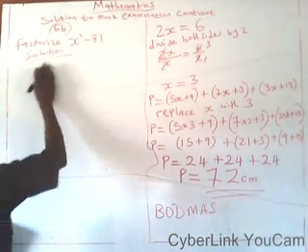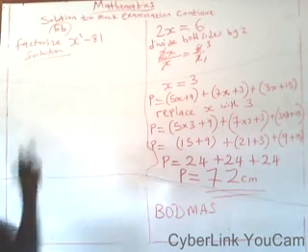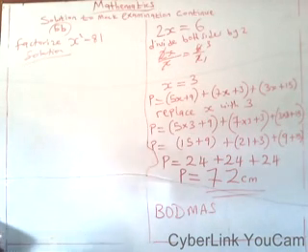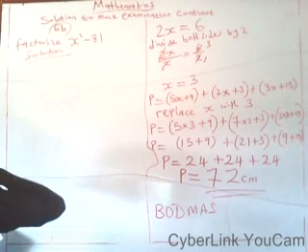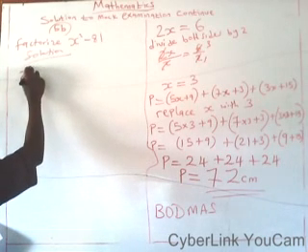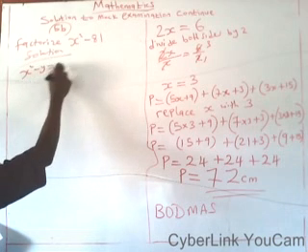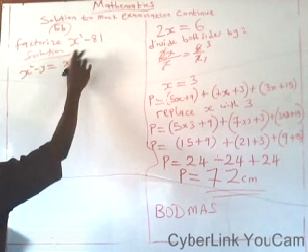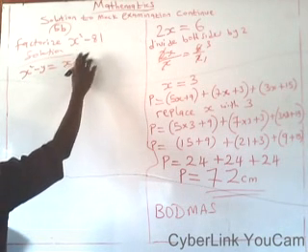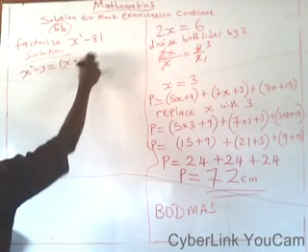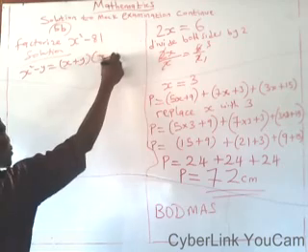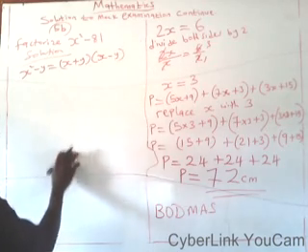Now in difference of two squares, there is one standing rule which says that x squared minus y squared is equal to x plus y, brackets close, x minus y.